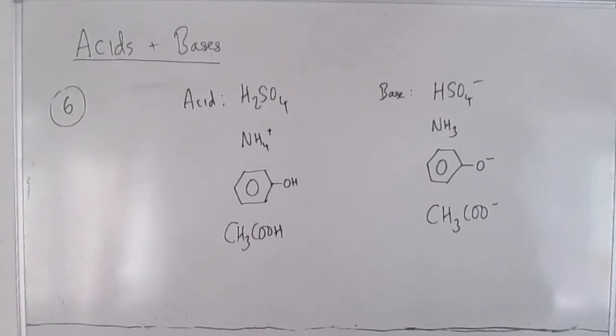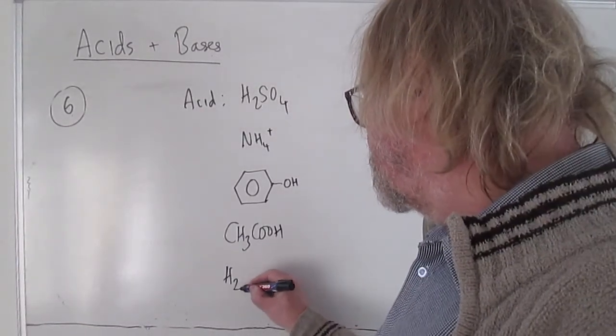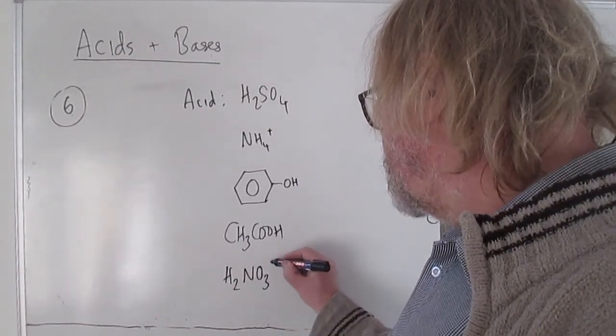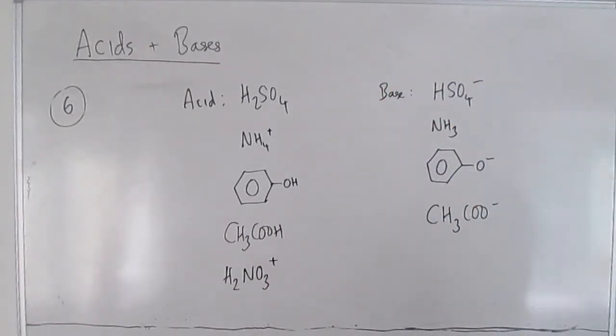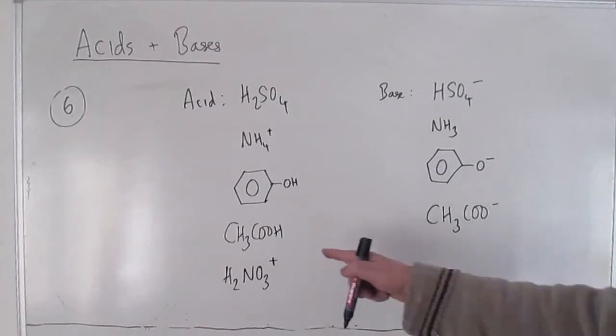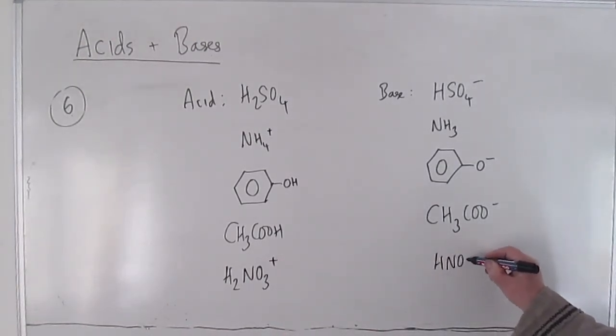And nitric acid, sorry, H2NO3+ is the one it gives you. Now this is an interesting one, because if that's an acid, it's going to act as a proton donor, it's going to give H+ away, and you can see if you take H+ away from that you get HNO3.